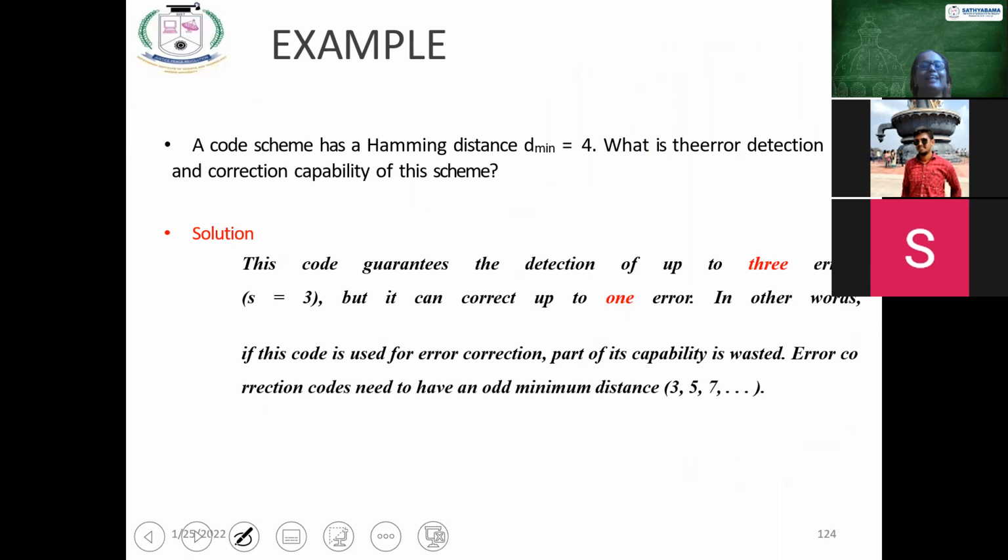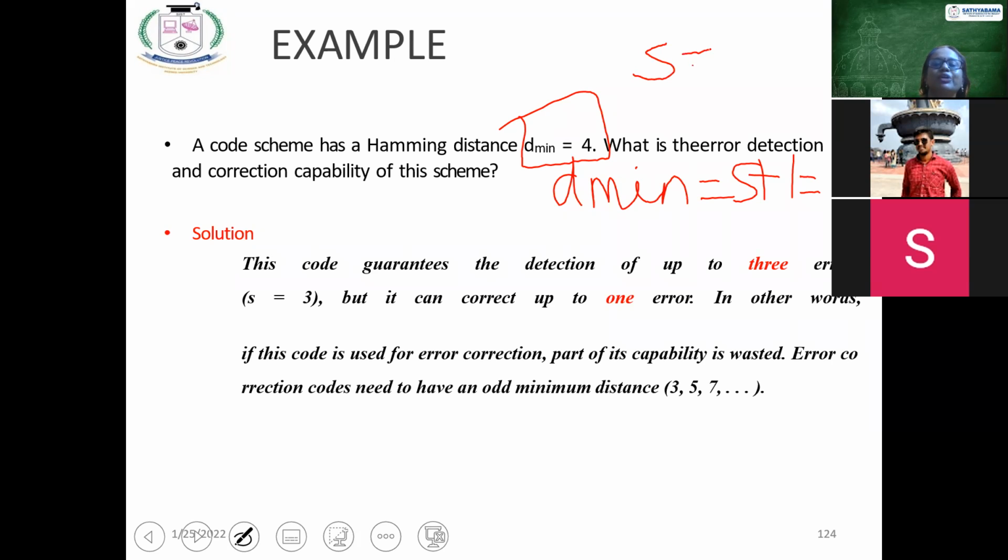Now kindly take down this case. What is the D minimum value? Tell me the formula. D minimum is S plus 1. So what is my S value? 3.